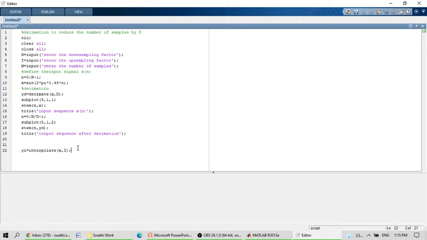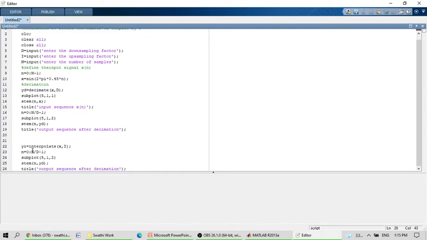Okay, next let us plot this one. I'm copy pasting. So subplot. So previously, for example, having the 100 samples. If I want to increase by a factor of 2, then total how many samples am I going to get? 200 samples.